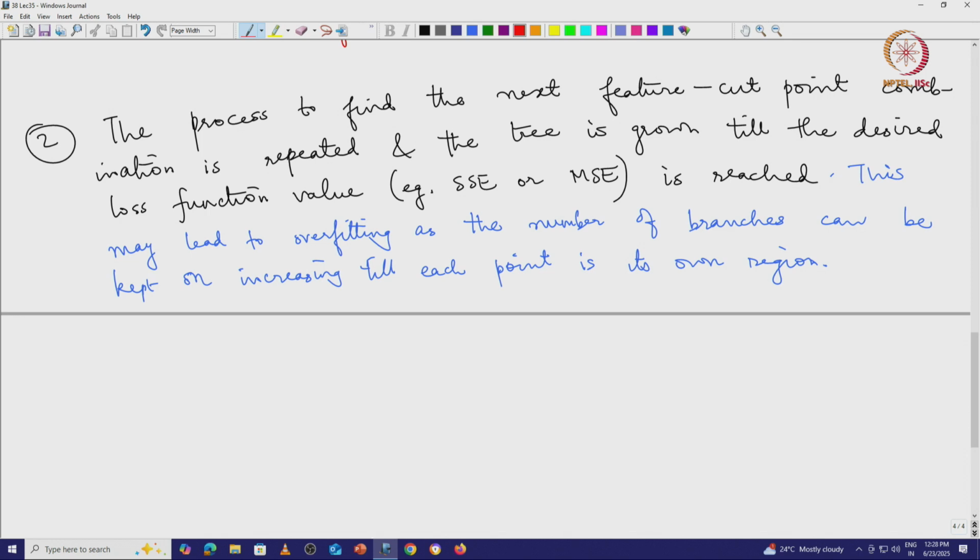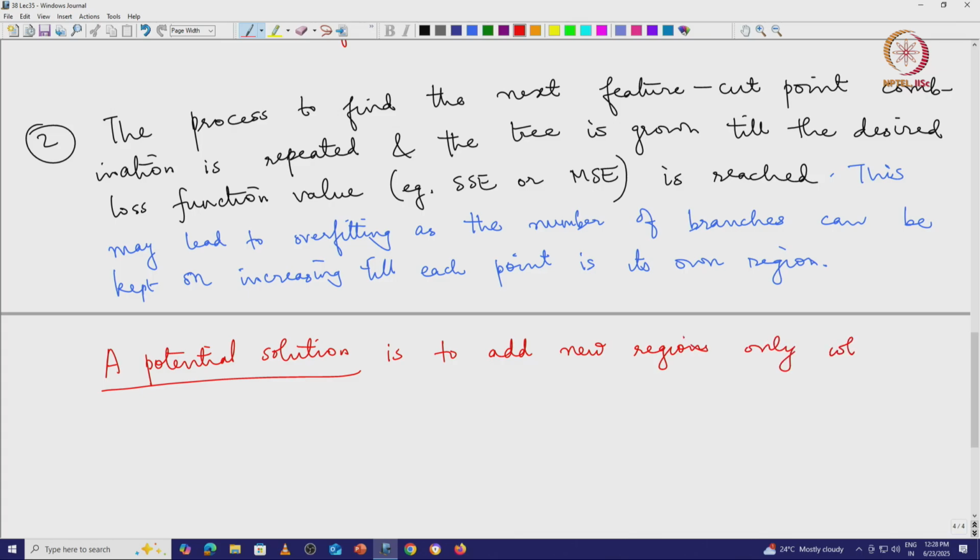So, how do you solve this problem? How do you make sure that overfitting does not happen? So, a potential solution is to add new regions only when the reduction in the loss function, so only when the reduction in the sum of squared errors, let us say, is larger than a certain threshold.